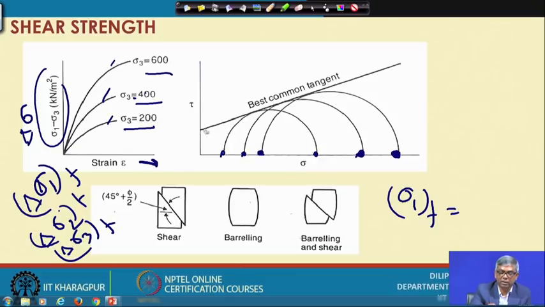Joining these circles, you know that your failure envelope will be tangential to the failure stress circles.